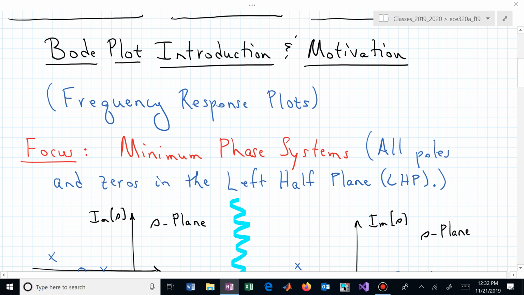That allows us to collect more data horizontally, and it allows for straight line approximations since we're now covering log omega and not the linear omega.